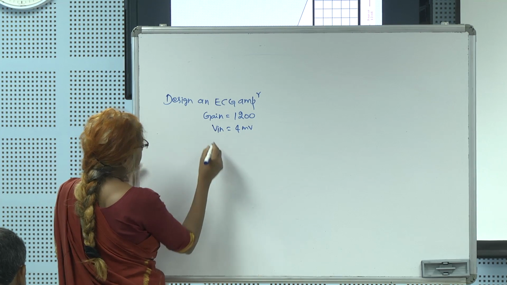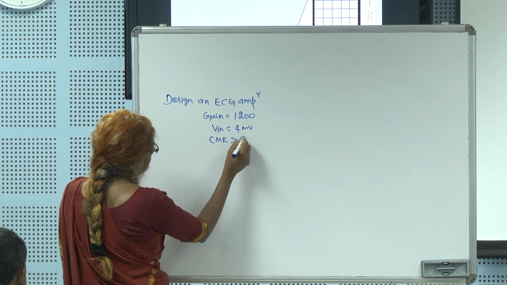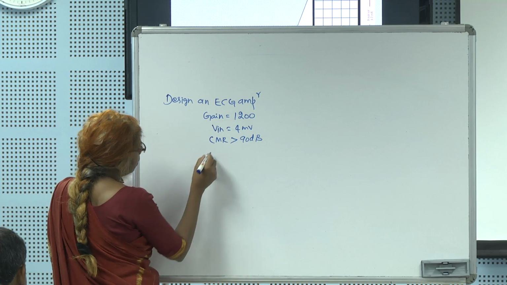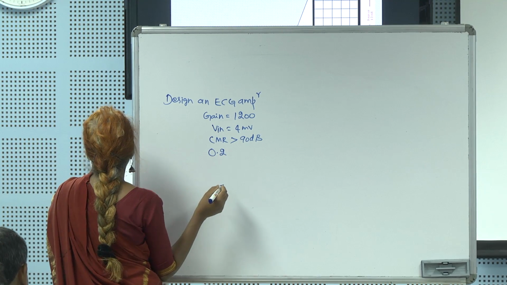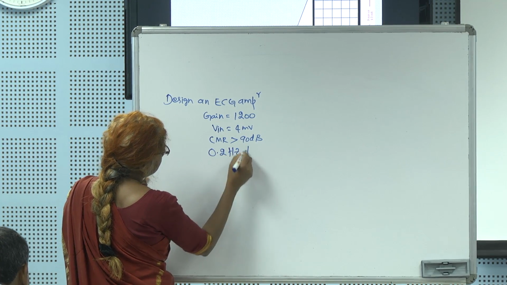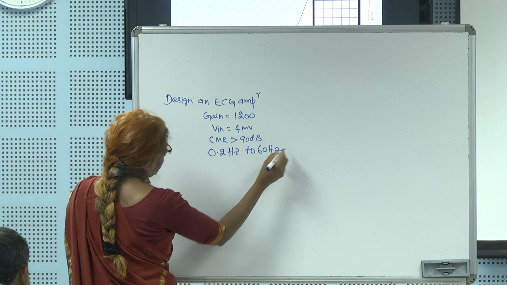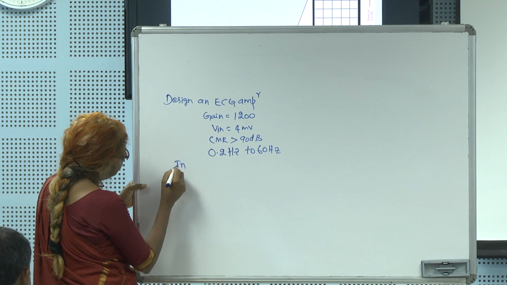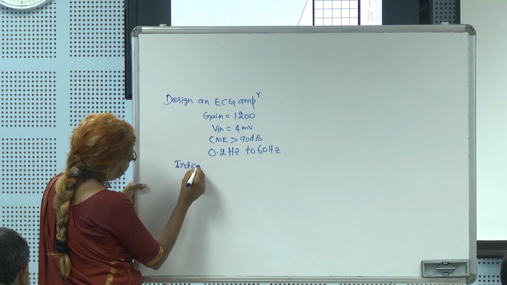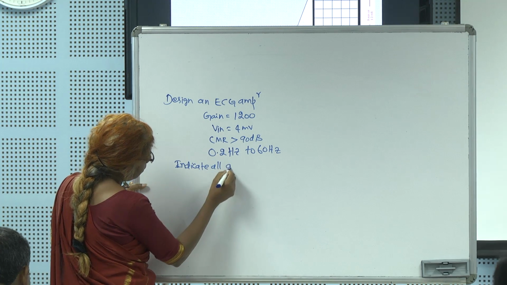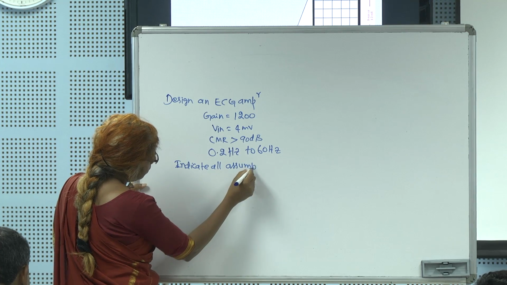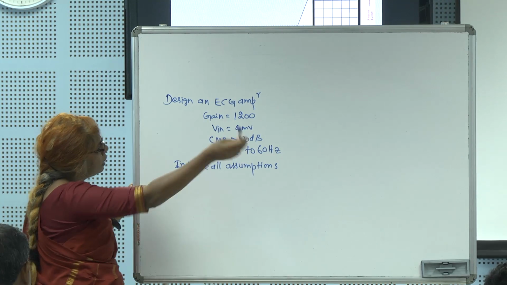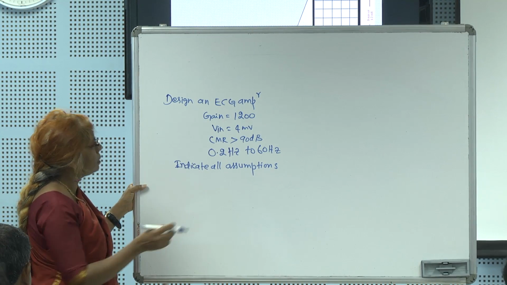So, you know what is the output. CMRR greater than 90 dB, band pass is 0.2 hertz to 60 hertz. Indicate all assumptions. Try to use the same values, you have to change only the second stage. Keep the first stage as is because we know it works.